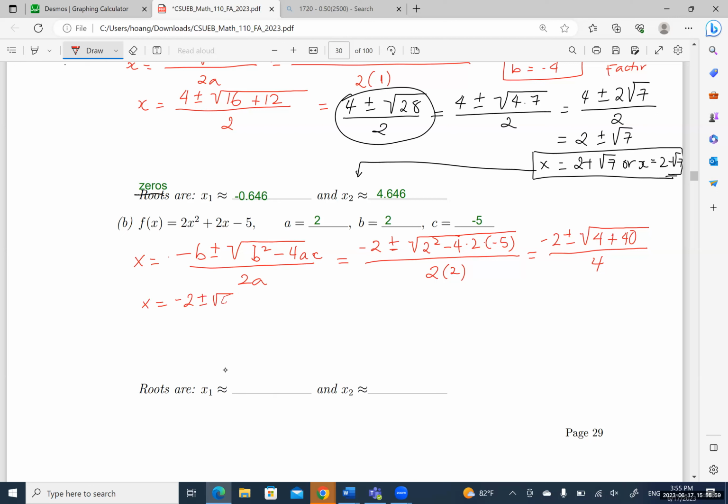Again, at this point I can split it: x equals -2 plus the square root of 44, or x equals -2 minus the square root of 44, divided by 4.